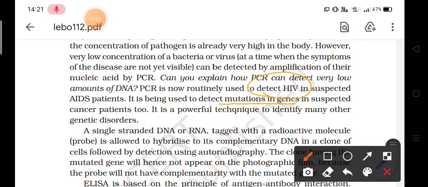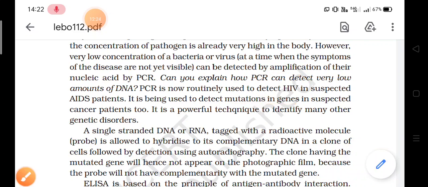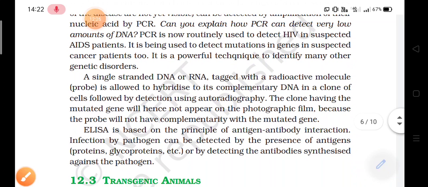It means we can diagnose these highly dangerous diseases in the early stages. And how has it become possible? Because of this PCR, polymerase chain reaction. So it is a very useful, powerful technique to identify many genetic disorders and many dreadful diseases also. Now let us talk about the technique, or how PCR is done.